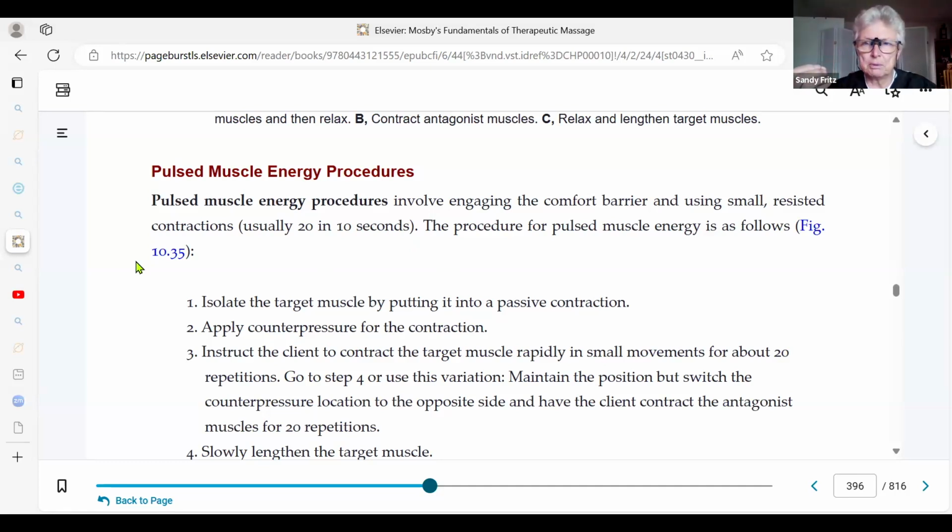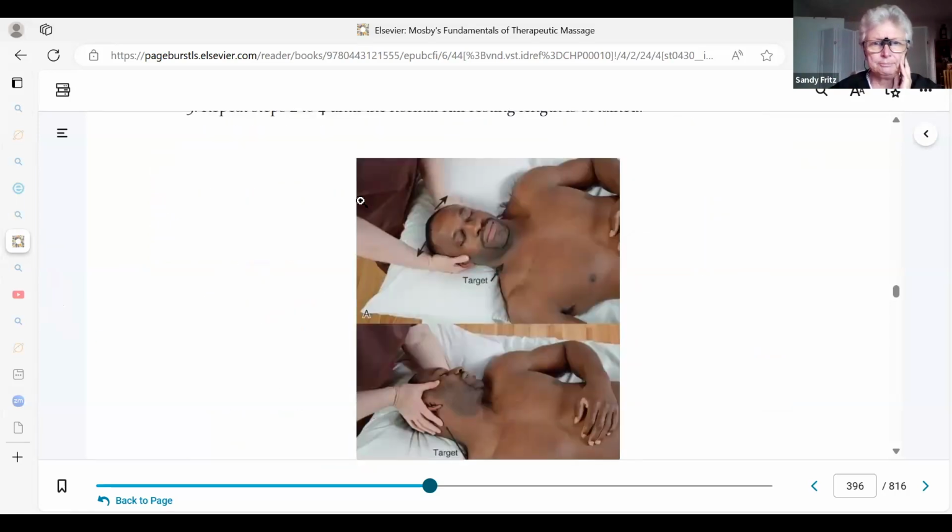You can use this approach both to increase the range of motion measurement, but if an area is hypermobile, there isn't good tone in the muscle, it feels flaccid, you can try to engage that nervous system by having them pulse, pulse, pulse, pulse, and then go in the other direction, pulse, pulse, pulse, pulse. And you've got a little bit of a push, push, push, push, push, push, push, push. Really good for hypermobility.